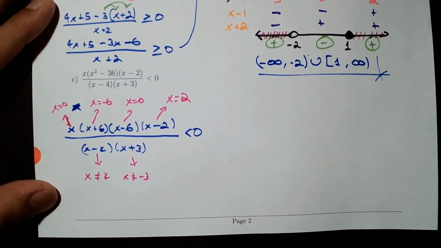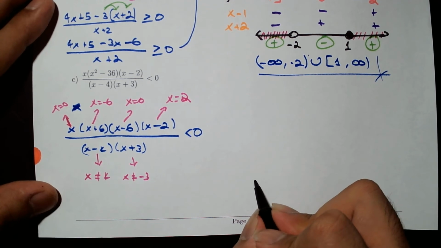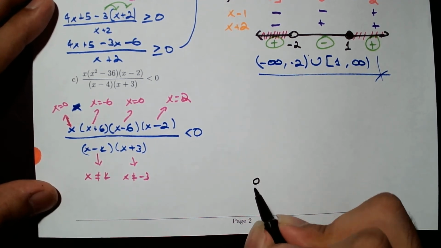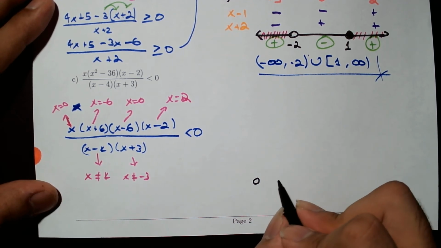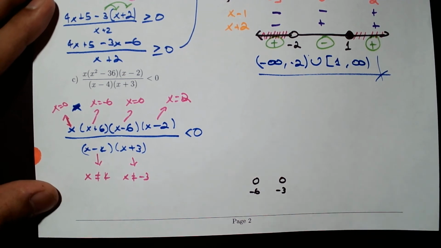Okay, I need to write them from smaller to large. So negative 6, and then comes negative 3. Negative 6, negative 3, and then which one is next?